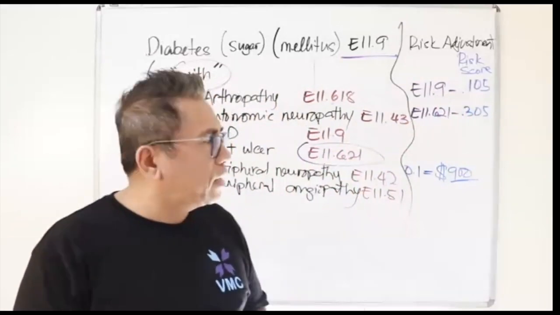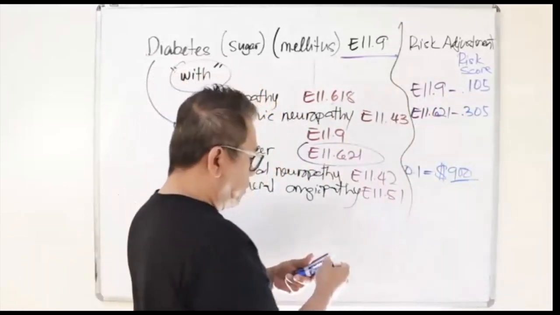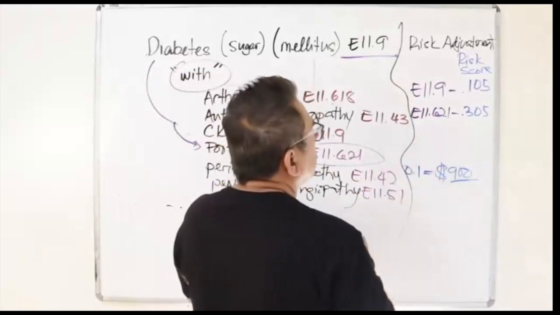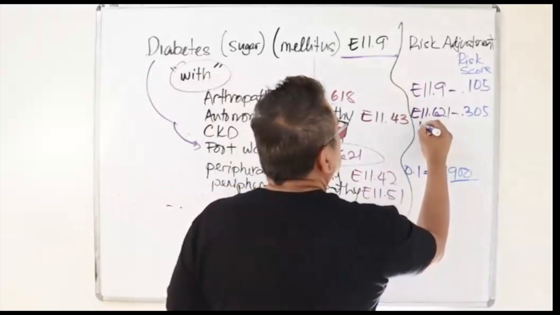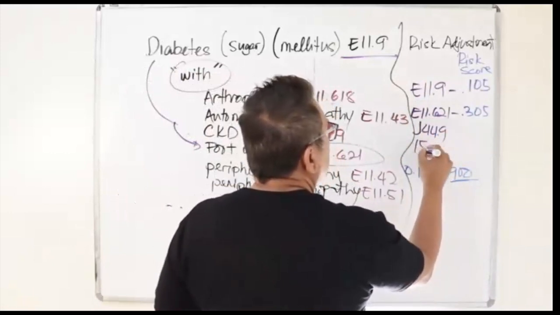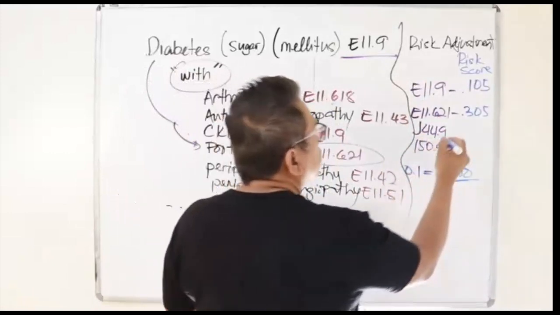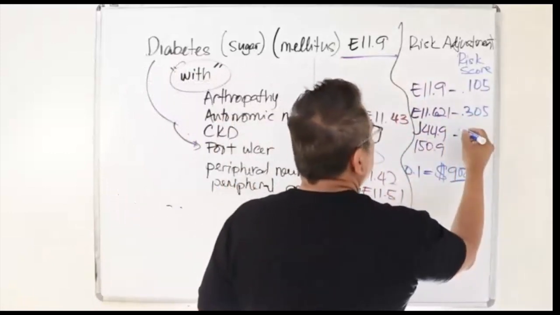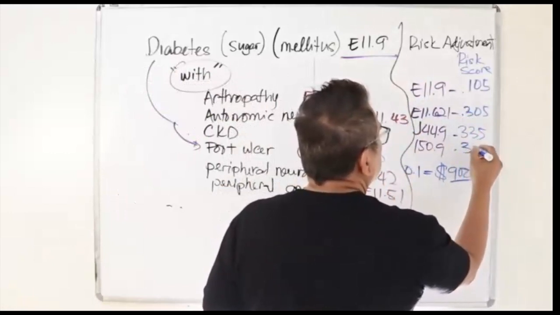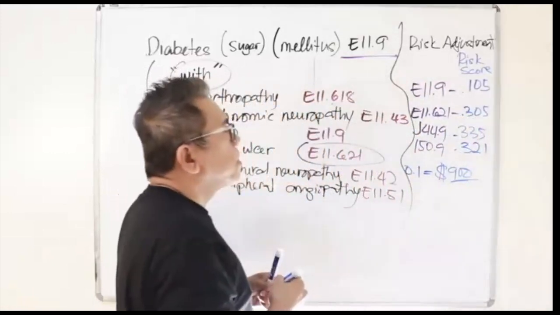Does that make sense, guys? And imagine, I'm only talking about diabetes here. What if a patient also has COPD, J44.9, and heart failure, I50.9? The risk score for that, off the top of my head, is 0.335. This one is, I think, 0.321.